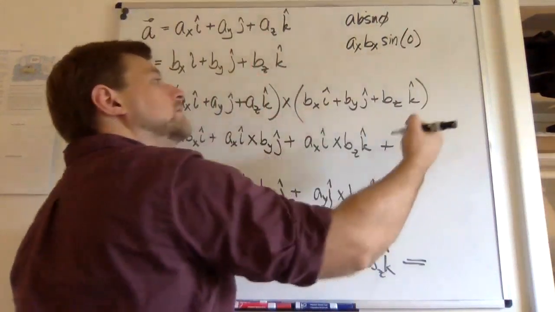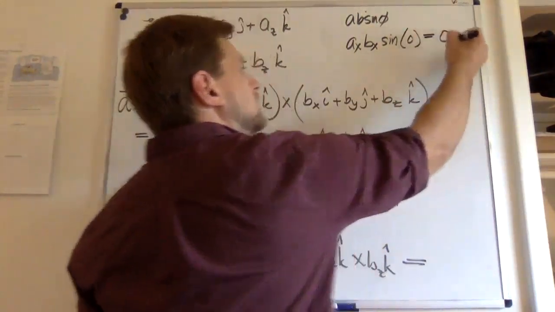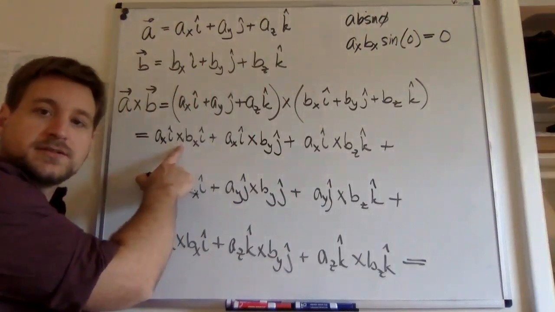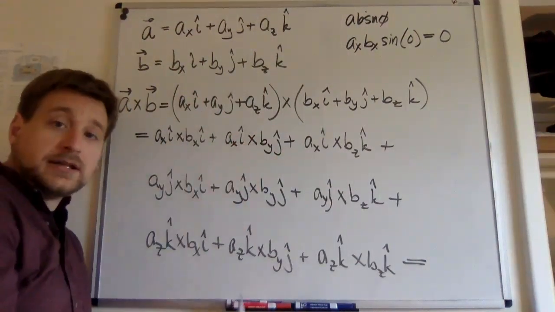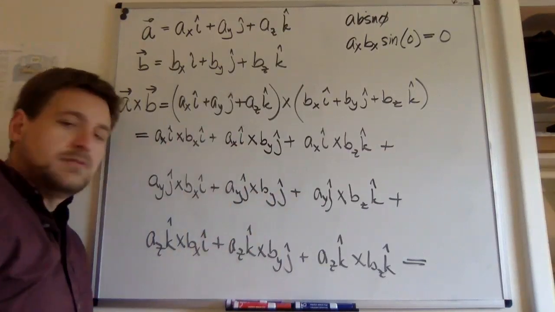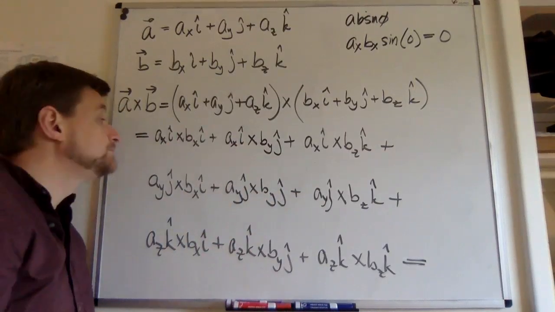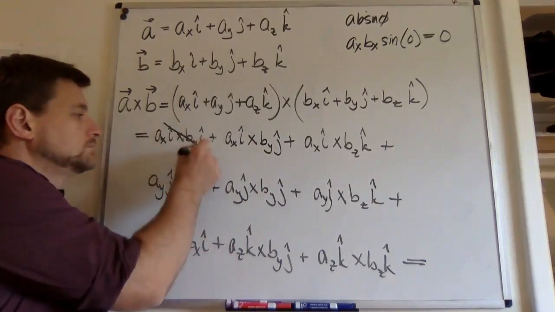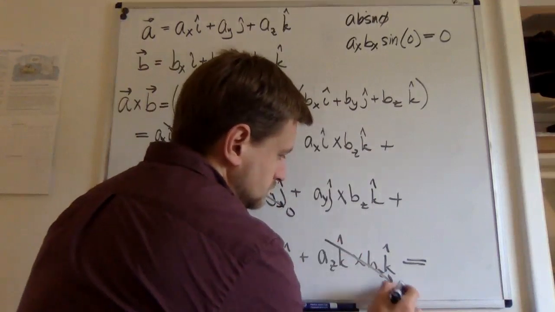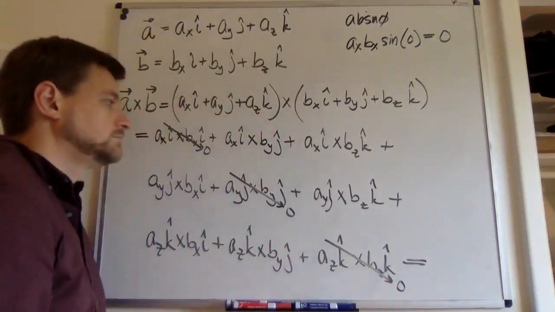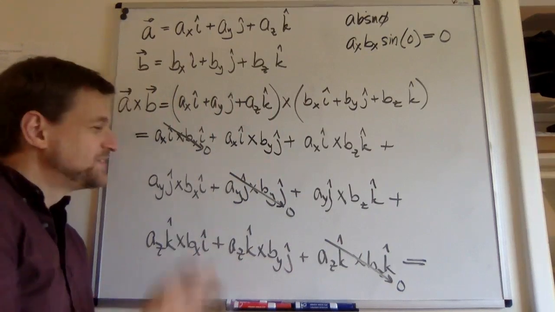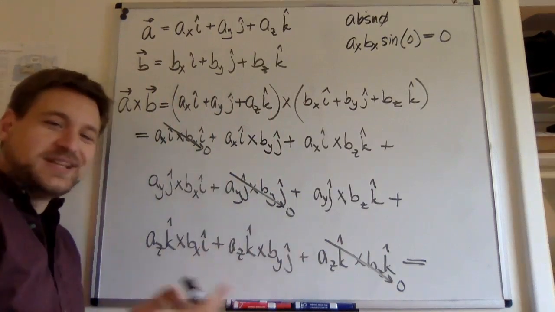The sine of 0 is 0. If we are asking for the cross product of two pieces that are parallel, the answer is 0. This is better. 3 of the 9 terms just canceled immediately.